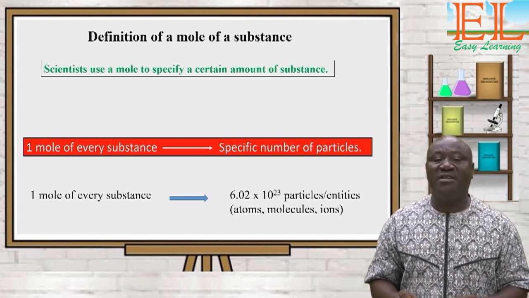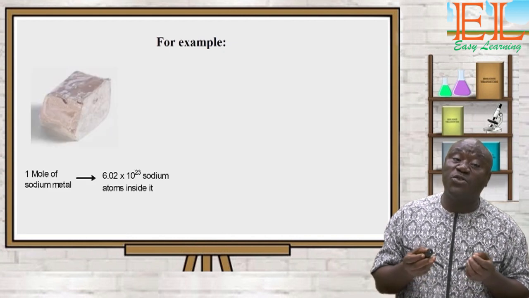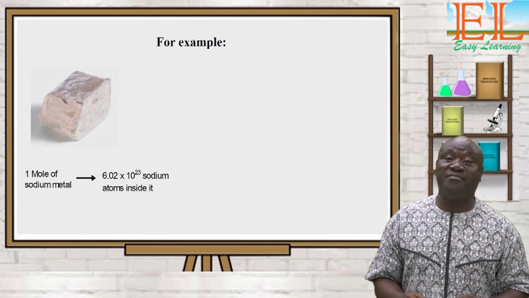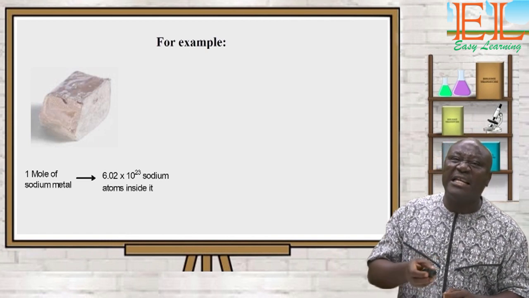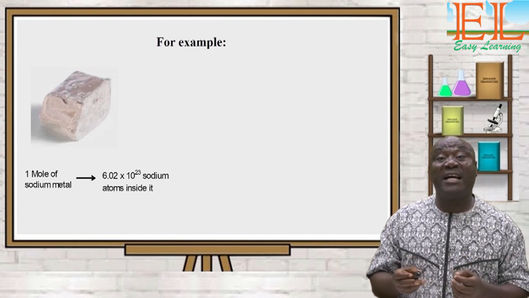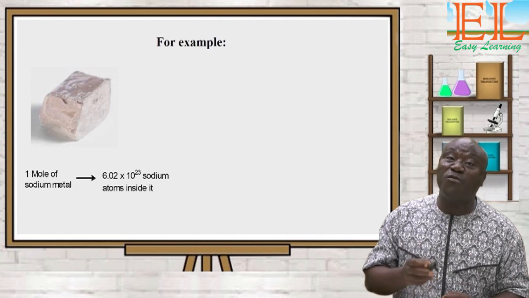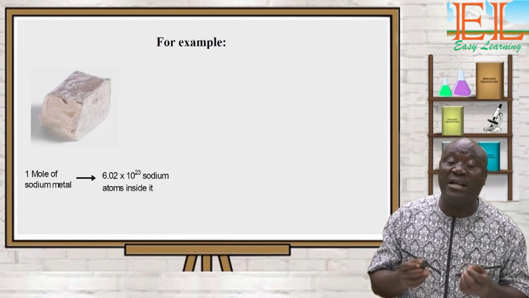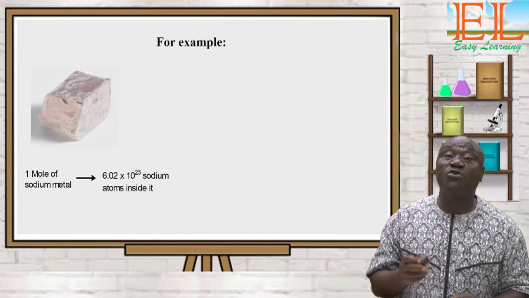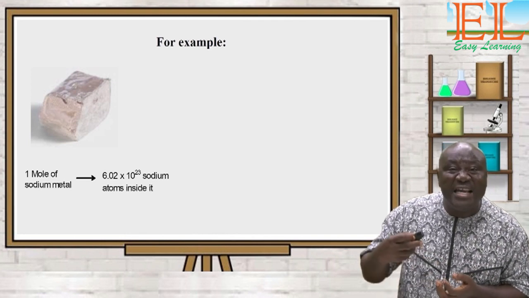So for example, if I take 1 mole of sodium metal, as you can see on your screen, and I count the number of sodium atoms, because sodium is a metal and it is made up of atoms, 1 by 1, I will arrive at the figure 6.02 times 10 raised to the power 23 atoms of sodium inside it.